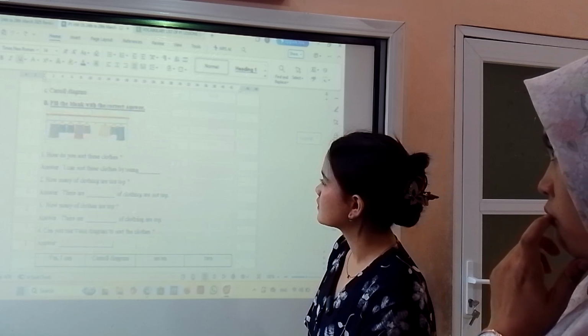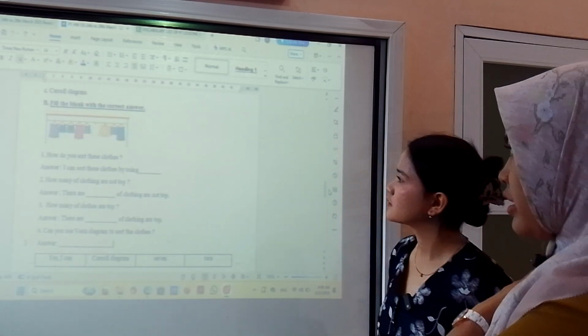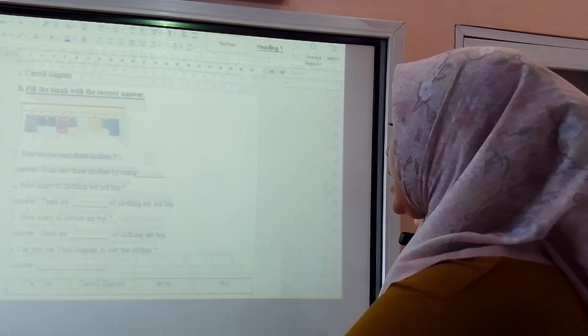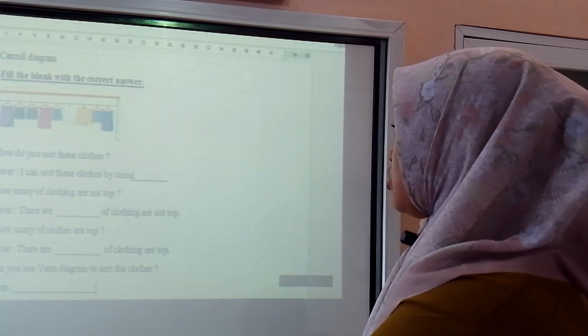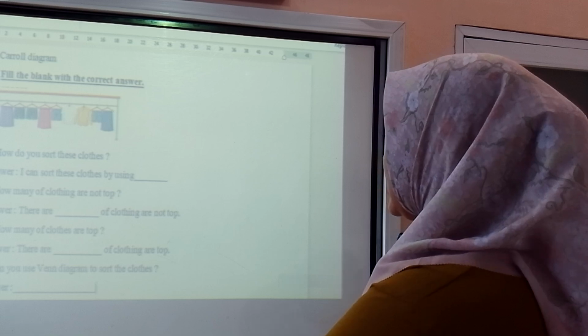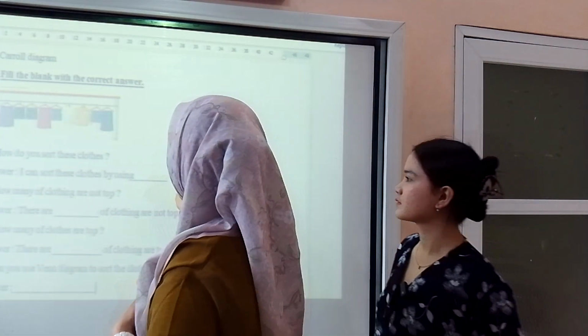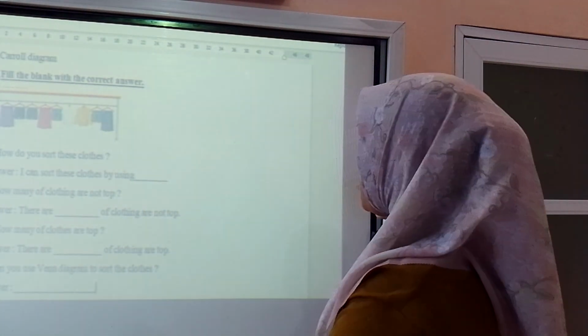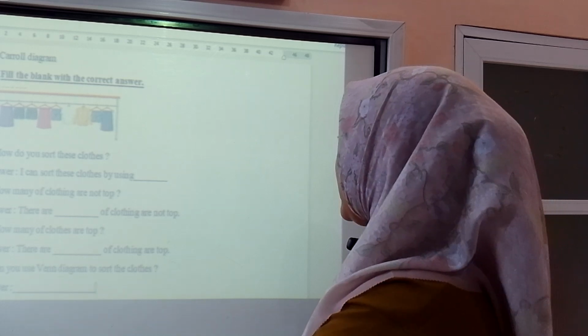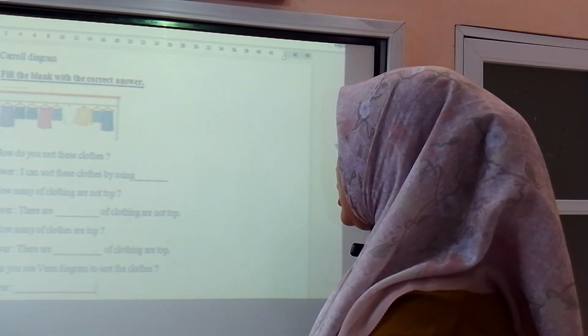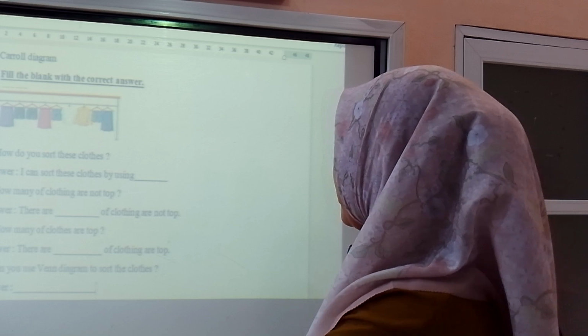Okay, how about this one, Miss Devi? Number 1: how do you sort these clothes? They will fill in the blank: I can sort these clothes by using a Carroll diagram. Number 2: how many of the clothing are not tops?